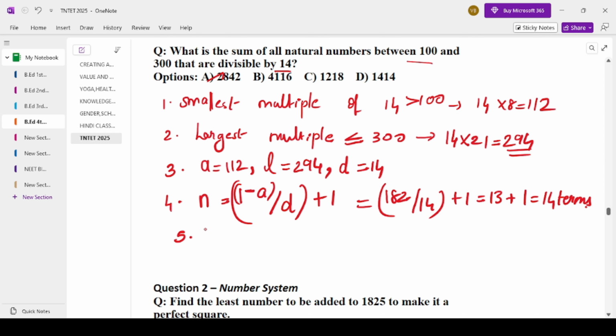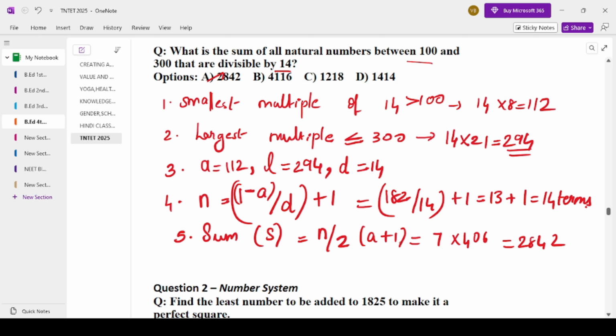The fifth step is to find the sum of the series, which is denoted by capital S. For that, the formula is n divided by 2 into (a plus l). So if you substitute the values for small n and small a, finally you will get the value 2842.